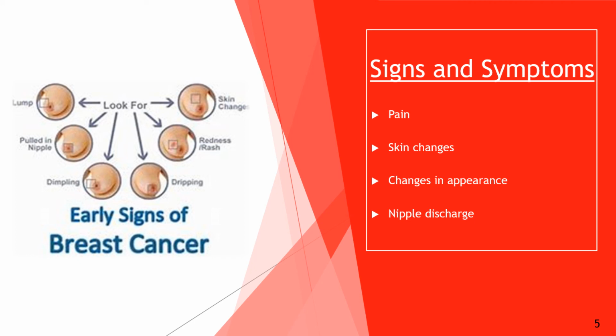Some common signs and symptoms of breast cancer include a lump or mass in the breast that feels different from the surrounding tissue, a change in the shape, size, or appearance of the breast, a breast rash, changes in the skin over the breast, for example dimpling, breast pain, inverted or pulling in of the nipple, scaling, peeling, or flaking skin of the breast, particularly in the dark area around the nipple, redness and or pitting in the breast skin, resembling the skin of an orange, and discharge from the nipple.